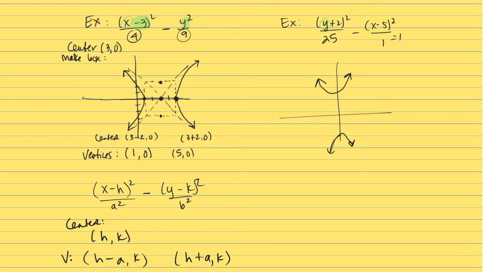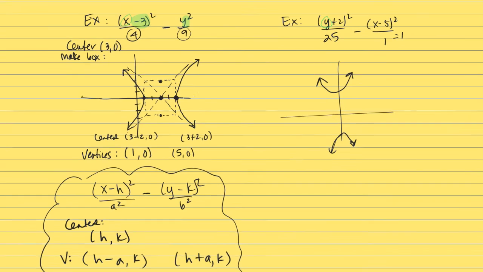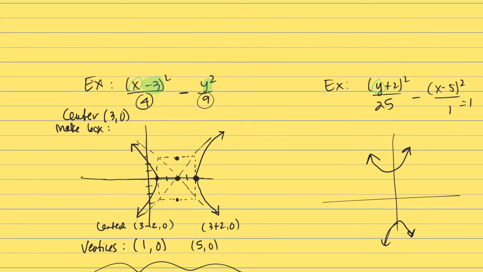Yeah, that's what it is officially, but it's just so much easier for me to look at that equation and think, who comes first? X is first, and so when I make my box, I just know I'm going to open horizontally.